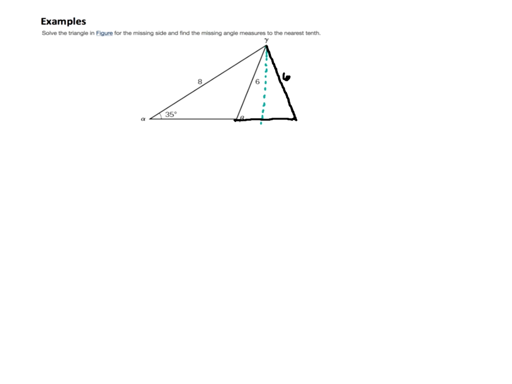We have this case, the first one that was drawn for us. We know that this is 6, we know that this is 8, and we know that this is 35 degrees. And we've got angle gamma here, and we've got angle beta here. So this is angle alpha. We also have this case.